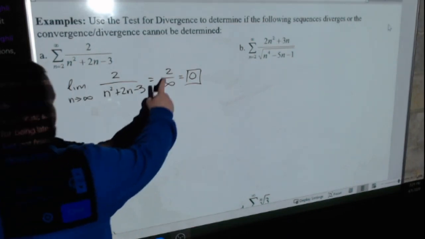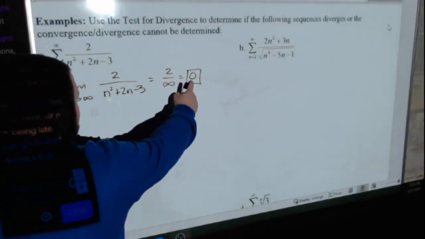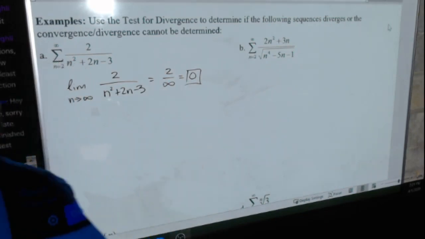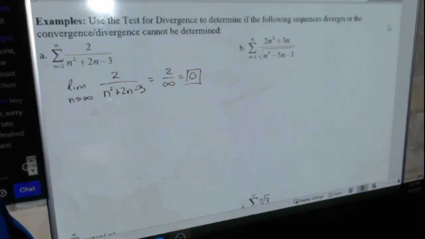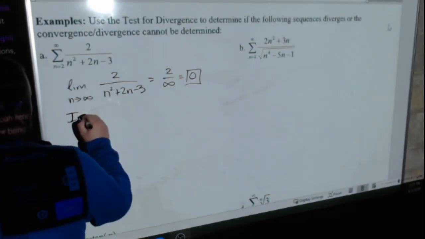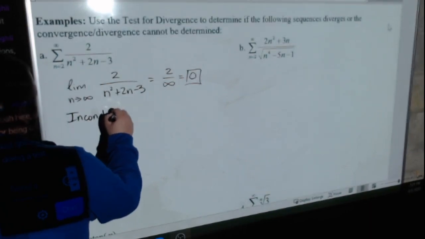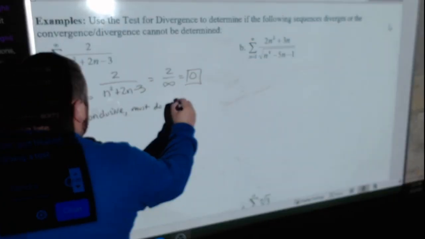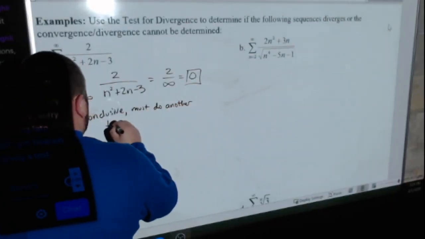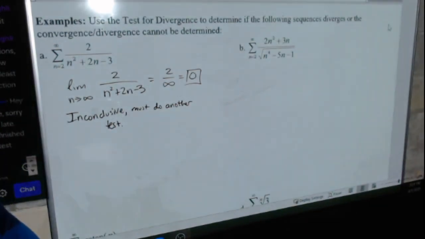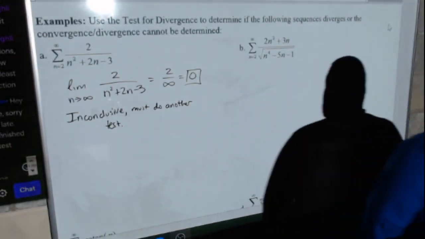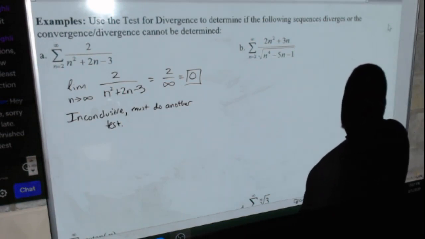So if you forgot, numbers divided by infinity tend towards 0. Numbers divided by 0 tend towards infinity. So this gives us 0, which means inconclusive. Must do another test. Now we don't have one currently in our tool bag to do this, so we can't try another one here, but we do know that divergence test tells us nothing. So let's try the next one.